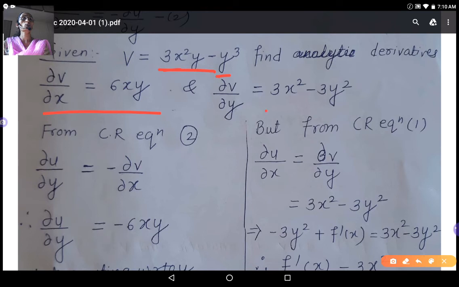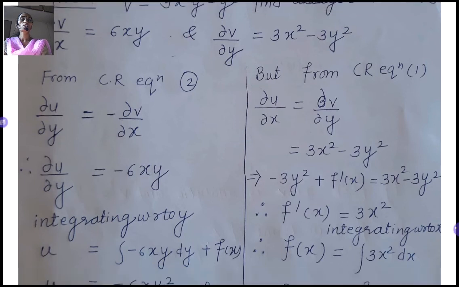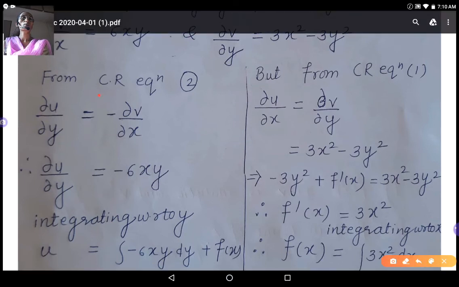This is the partial derivative with respect to y. Once you got the derivatives, this is our first step. Once you found del v by del x and del v by del y, the next thing is that we'll be using the CR equations. Any CR equation you can use, first or second. Here I have used CR equation number 2.